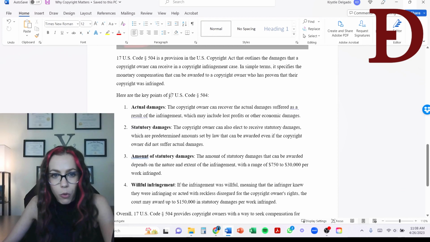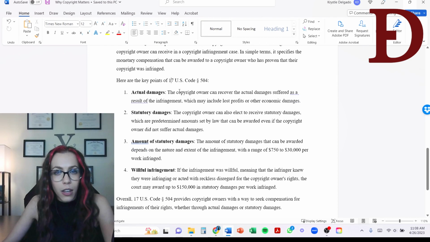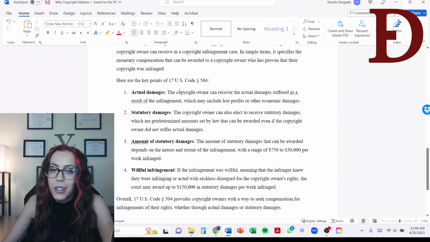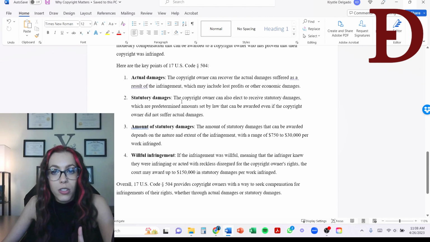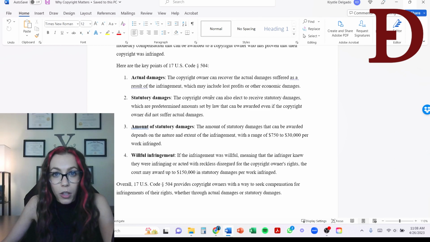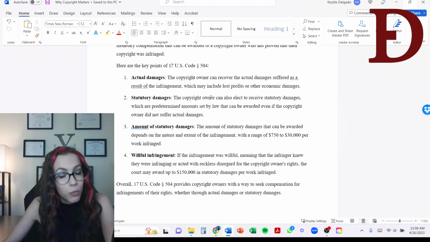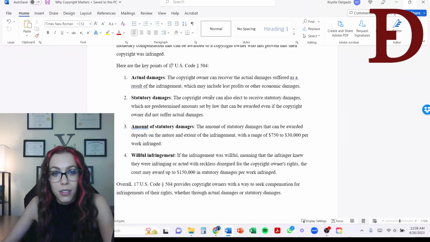So here are the key points. Actual damages: if $500 was earned on the infringing song, you can go after the $500. But statutory damages are set by law. I use the speeding analogy: if you get caught speeding, it doesn't matter what your excuse was, there are repercussions set by law.